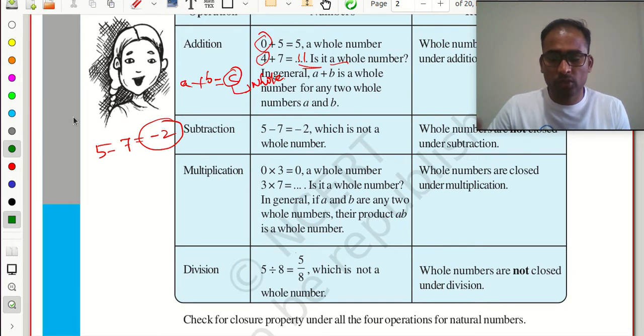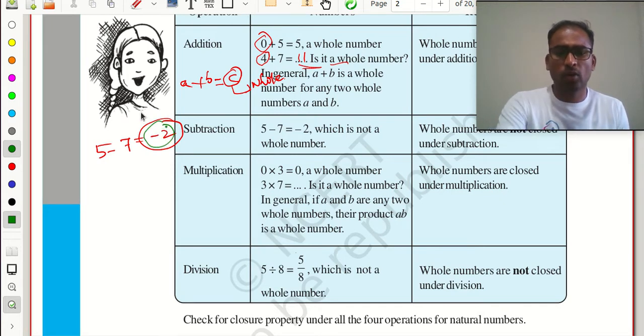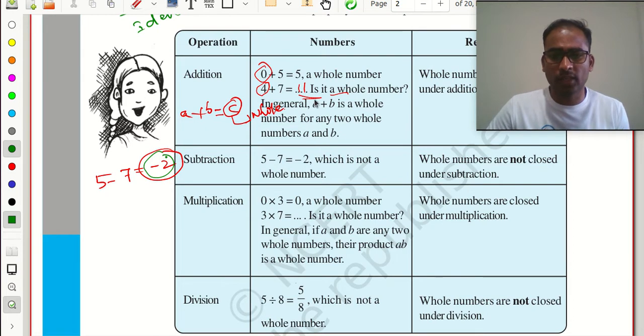If after subtraction we get a whole number, then we can say it is closed under subtraction also. But 5 minus 7 is minus 2, which is not a whole number. So we can say whole numbers are not closed under subtraction.